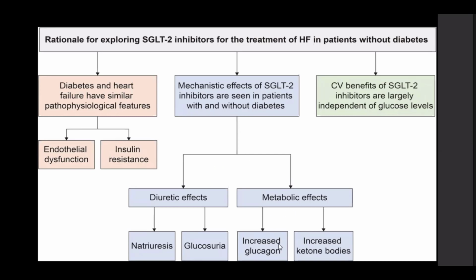The other thing is increased glucagon and increased ketone bodies. Please remember this, increased ketone bodies, and I will discuss this in another slide, where we have to remember the metabolic effects of increased production of ketone bodies. And number three, the cardiovascular benefit of these inhibitors is largely independent of glucose level, and we will discuss the trials which have shown this.